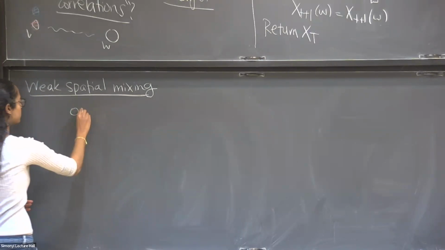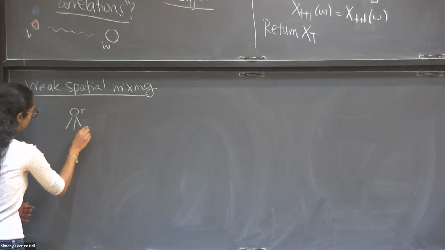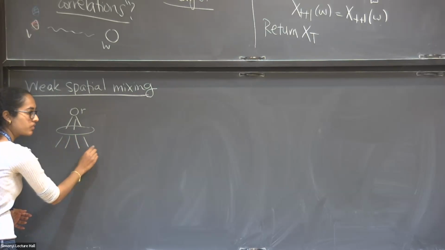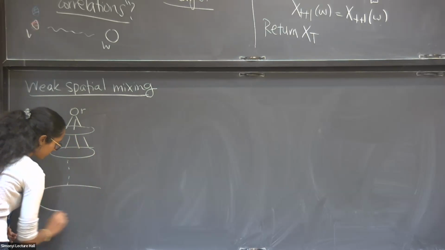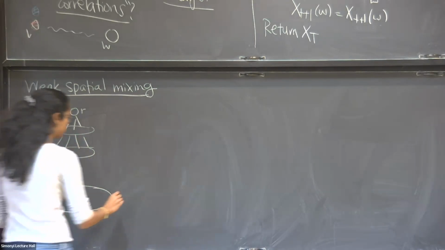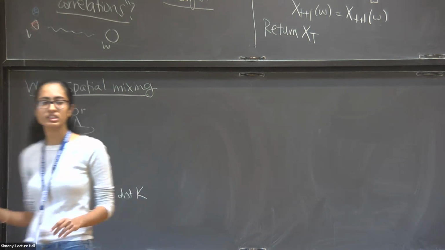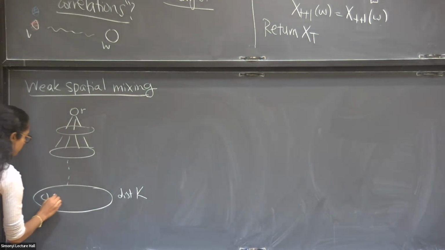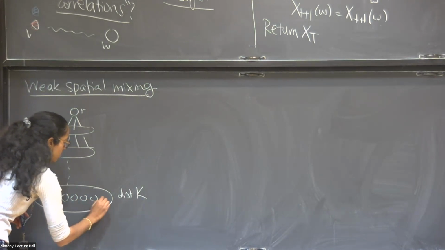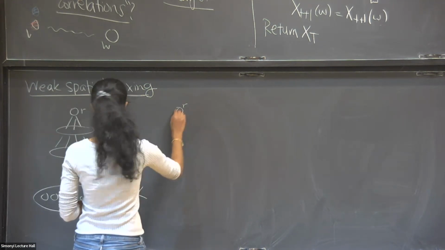So suppose I have some vertex r, and I let these be all the vertices that are distance k away from r. So these in the graph are distance k away from r. I'm going to make an identical copy of this picture here.